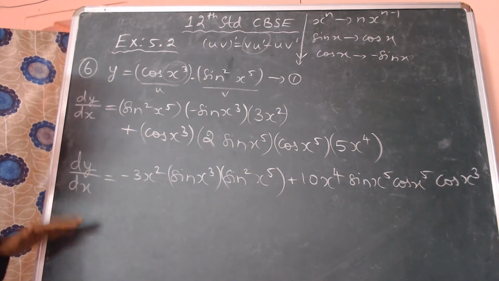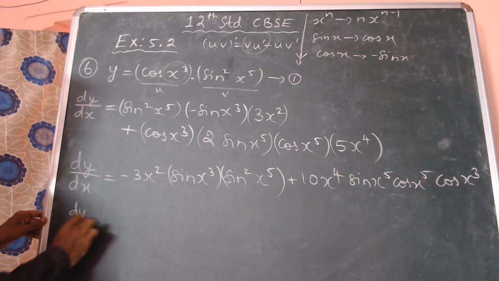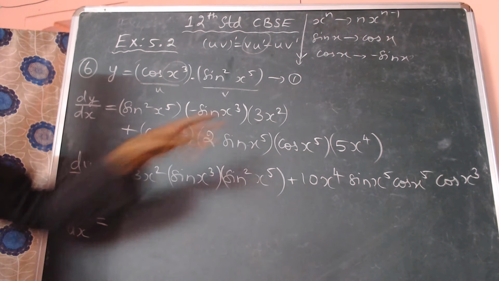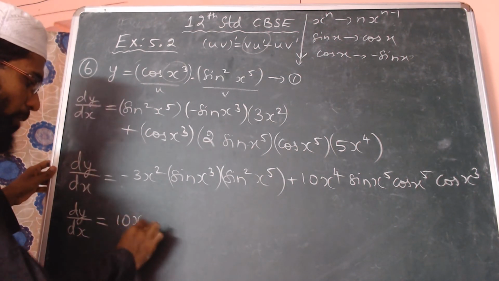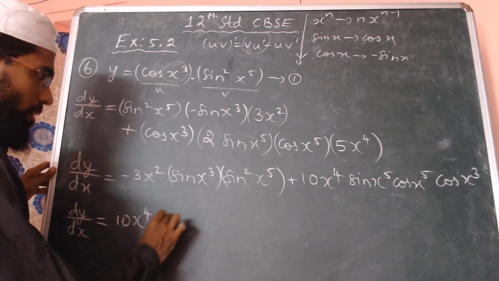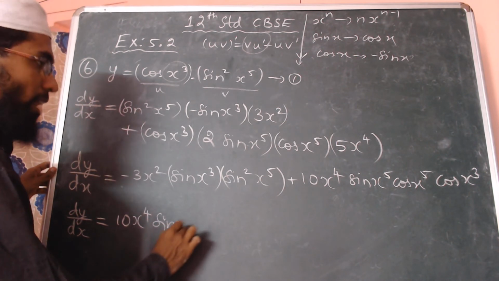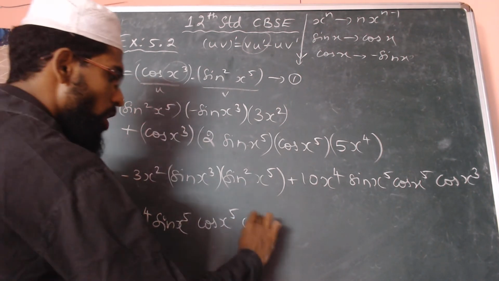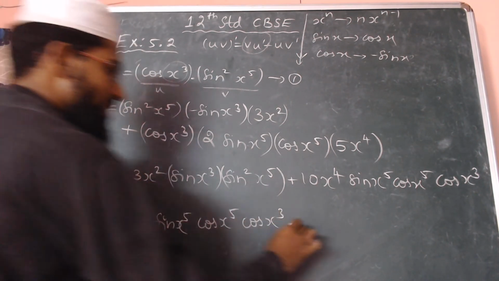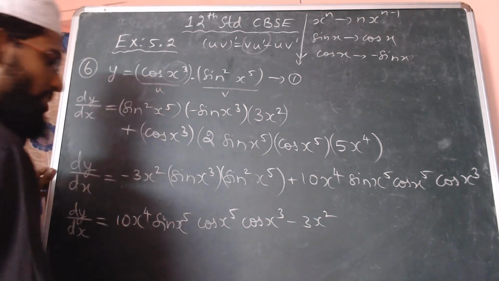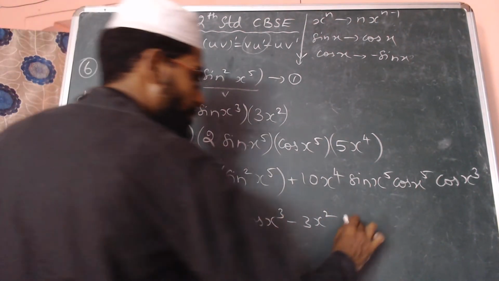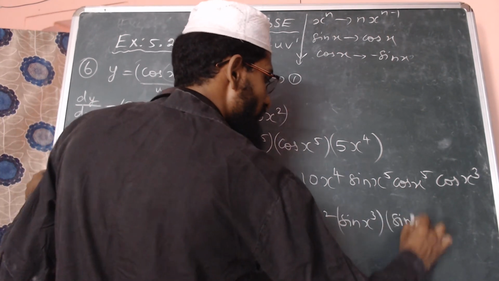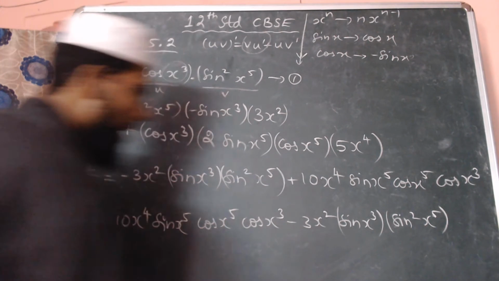Now you can either stop like this, or what we can do is write the positive term in the front and the negative term at the back. So I can write 10x power 4 sin x power 5 cos x power 5 cos of x cube minus 3x square sin of x cube into sin square x power 5.